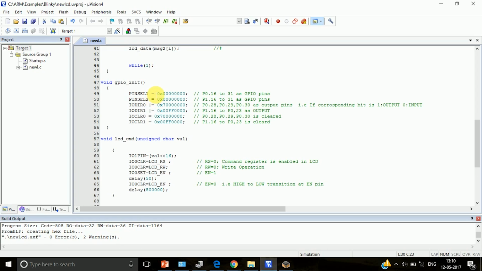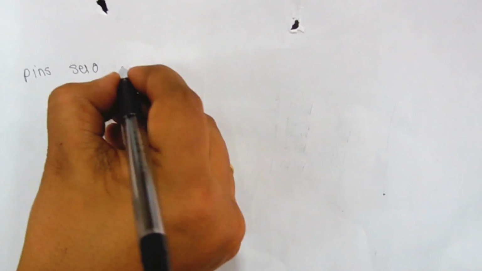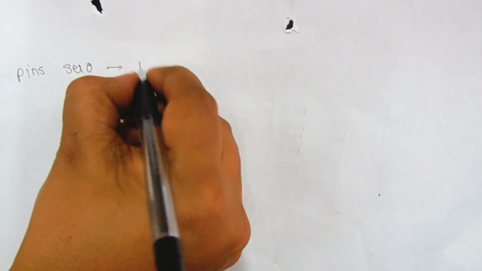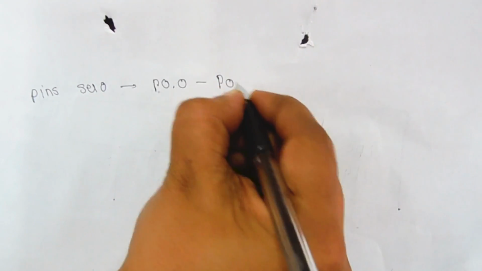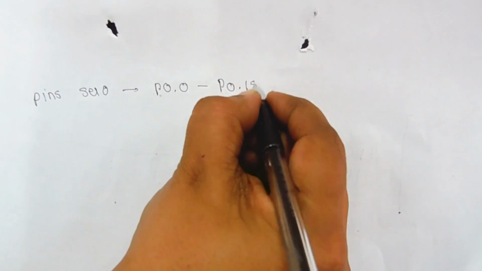Now these pins are grouped as pin select 0 and pin select 1. Pin select 0 corresponds to port 0, pin number 0 to port 0, pin number 15.